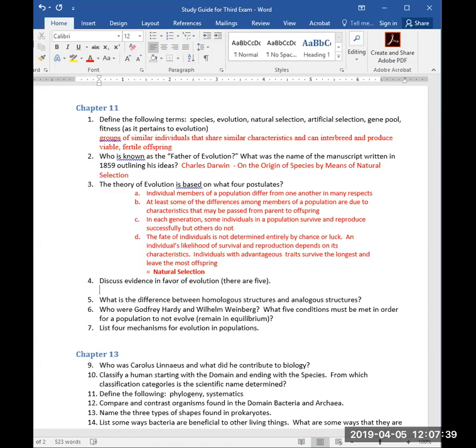Similar anatomy, right? We can compare the anatomy of very different organisms, and we find similar anatomical structures. We call them homologous structures. Like if we look at the forelimbs of certain mammals and the forelimbs of birds, very different organisms, but they have the same bones in them.